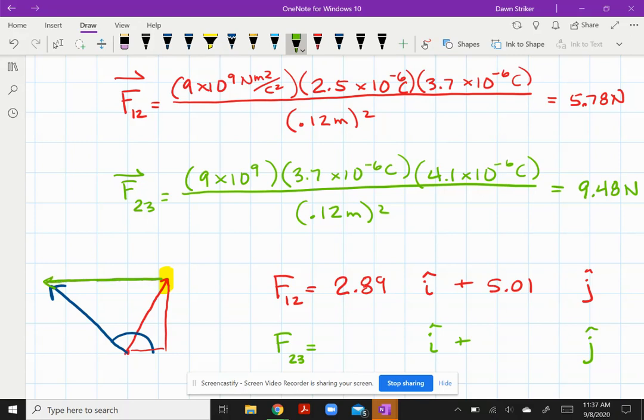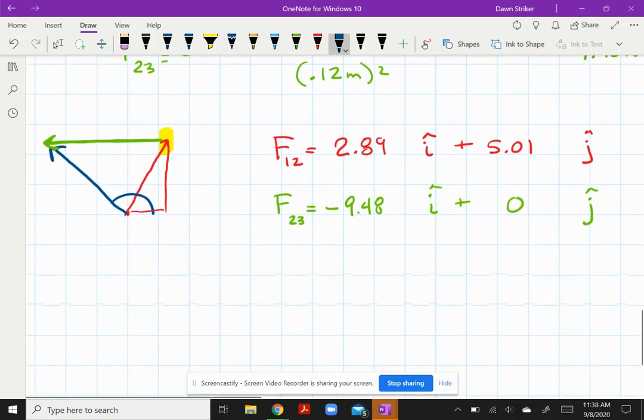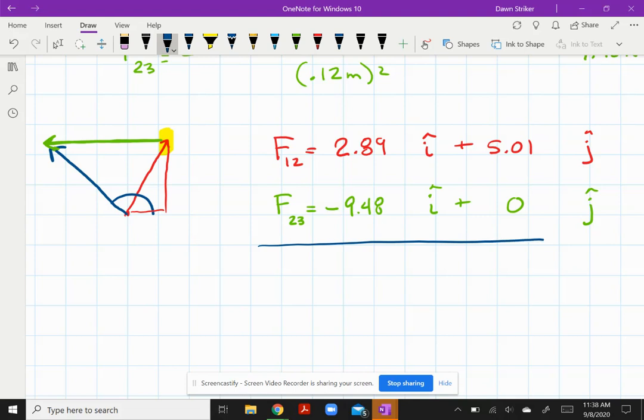What about force 2,3? The force between charges 2 and 3. Well, that points straight back. So it's negative 9.48 in the x direction and nothing in the y direction. So in order to get the total force, I have to add these together. The total force, or the resultant force, is 2.89 minus 9.48, negative 6.59 in the x direction.